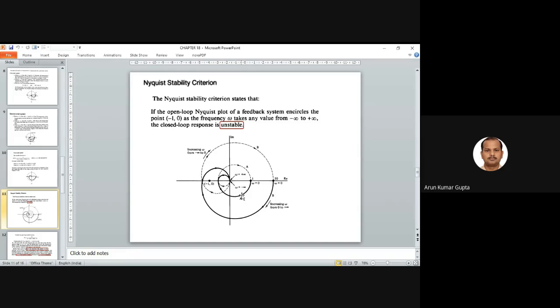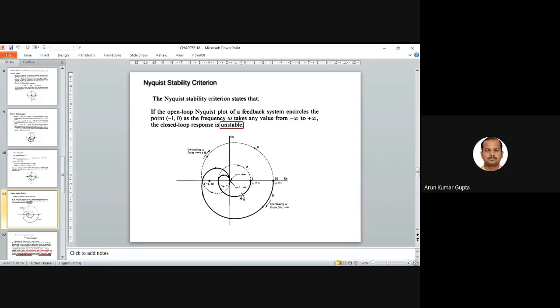Okay. Now, you know the Nyquist plot of some major transfer functions. They are mostly used in your calculation. So now we can discuss the stability criteria.